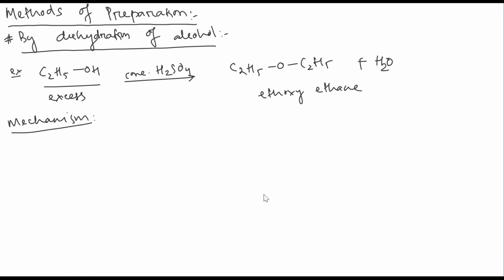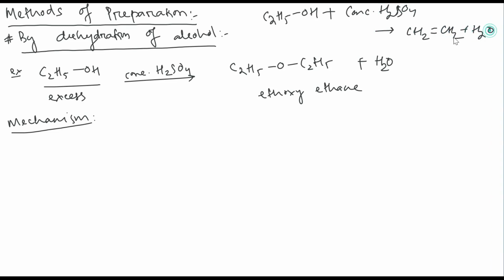First method for preparation of ether is by dehydration of alcohol. We have seen preparation of alkene by the method of dehydration of alcohol. In that reaction, C2H5OH on dehydration with concentrated H2SO4 forms ethene, CH2=CH2, plus H2O.